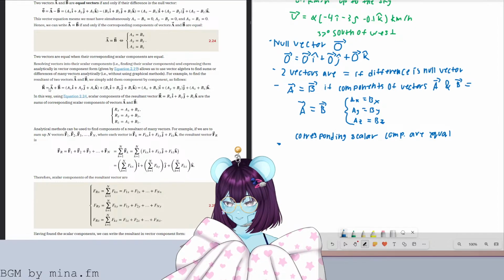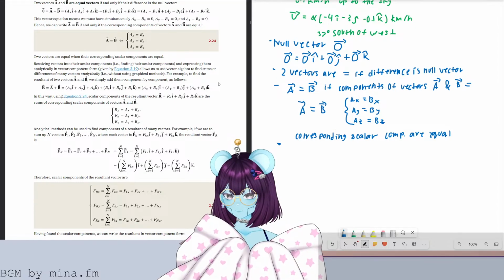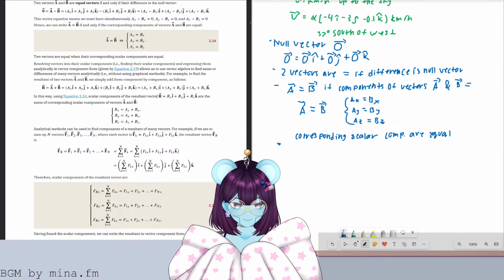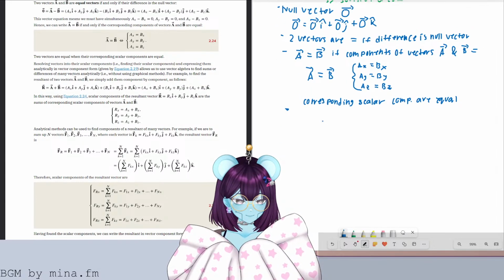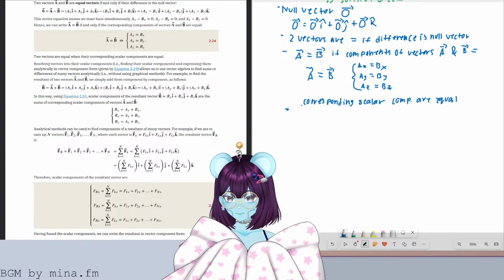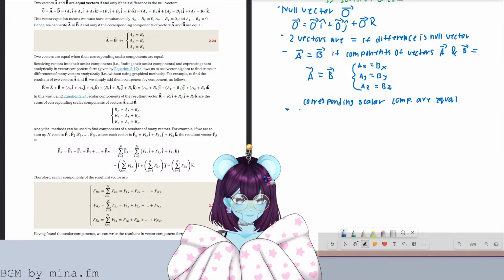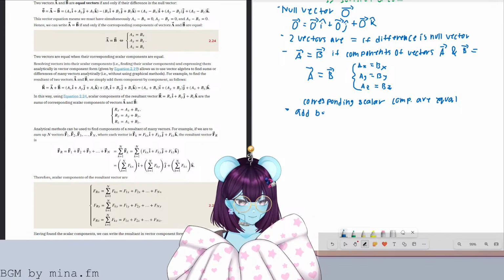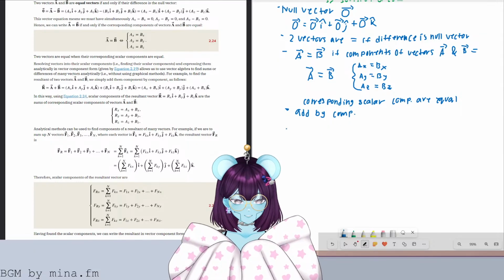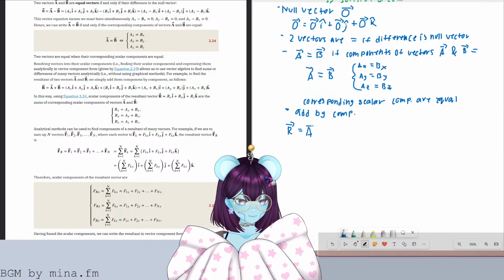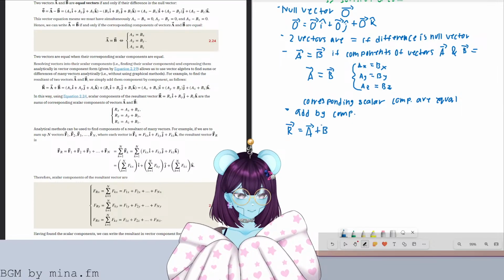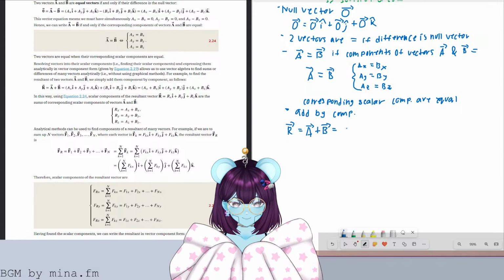So this is our resultant. We add the components together. Okay, so we add by components. I'm not going to write that whole line, but I will write the component part.